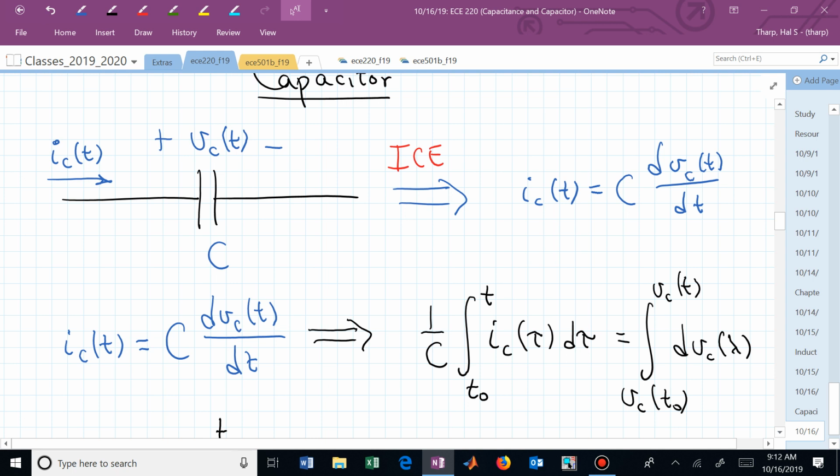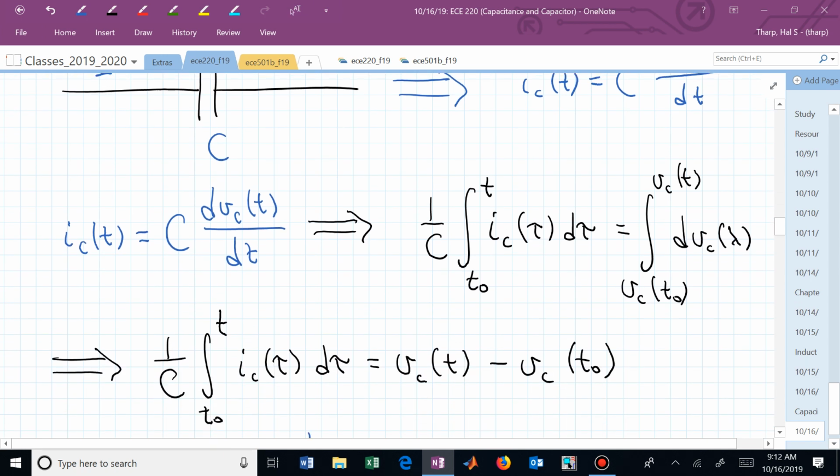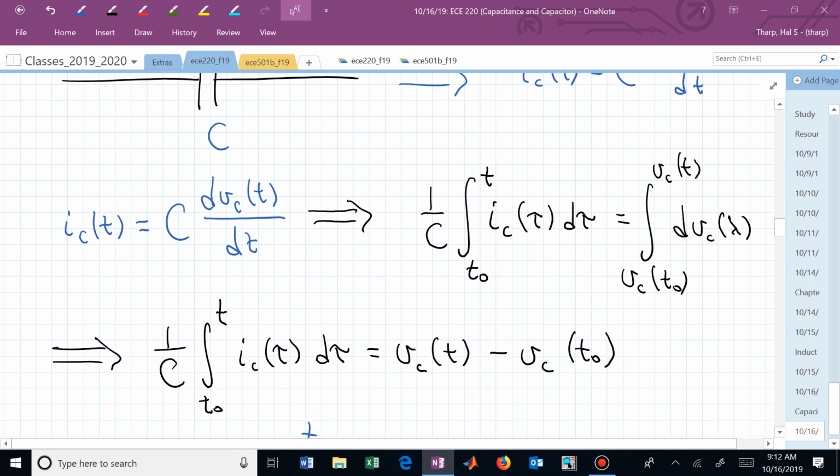So now we'll just divide both sides by C, integrate both sides, and now that will allow us to solve for the voltage across that capacitor in terms of the current that is flowing through it. Remember, current is just charge per time. So you are playing with charge when you're dealing with a capacitor.